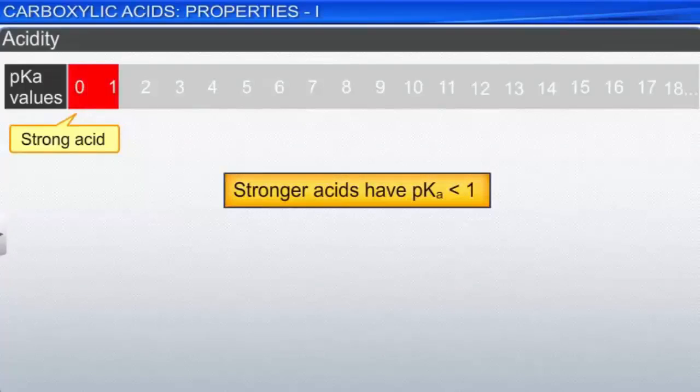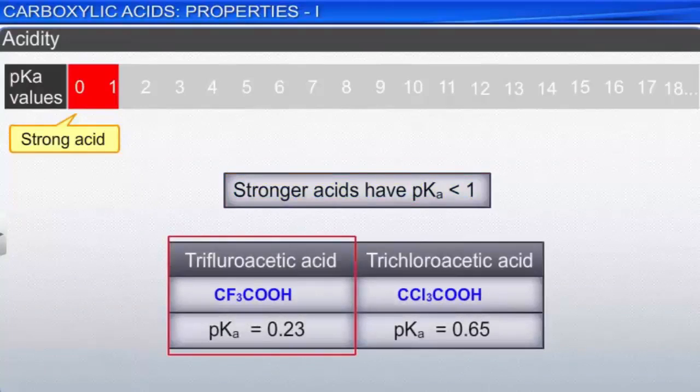Strong acids have pKa values less than 1. For example, trifluoroacetic acid with a pKa value of 0.23 and trichloroacetic acid with a pKa value of 0.65 are strong acids.